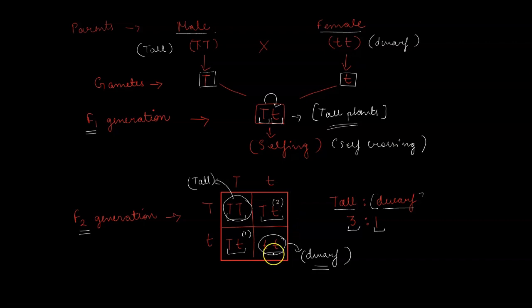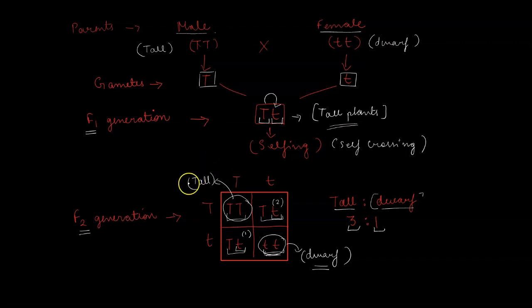In such a situation we can see that the dwarf plant, or the recessive character or recessive trait, is expressing itself only in a similar pair condition. Here we can see that the dwarf trait is present here and here, but it is expressing itself only in the condition of a similar pair.